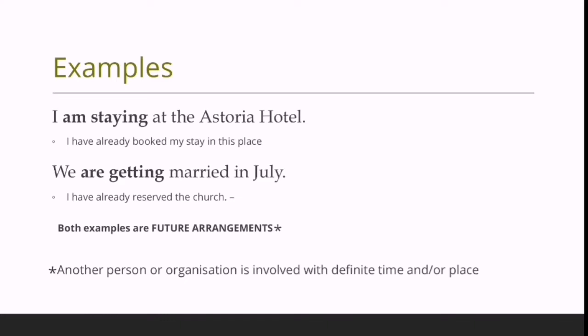Examples. I am staying at the Astoria Hotel. I have already booked my stay in this place. Okay? It's a plan. It's a decision that I have taken, but I have taken some actions for that to be completed in the future because I have already booked the room in the hotel.